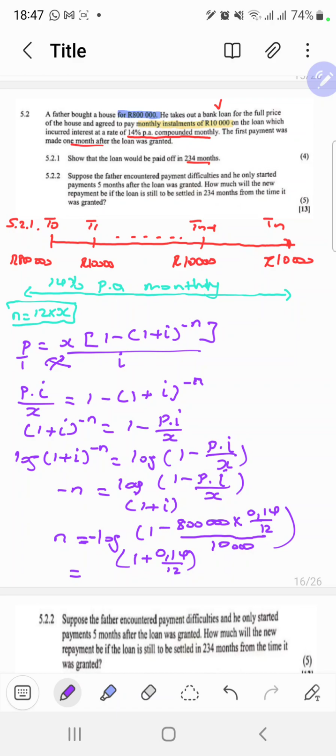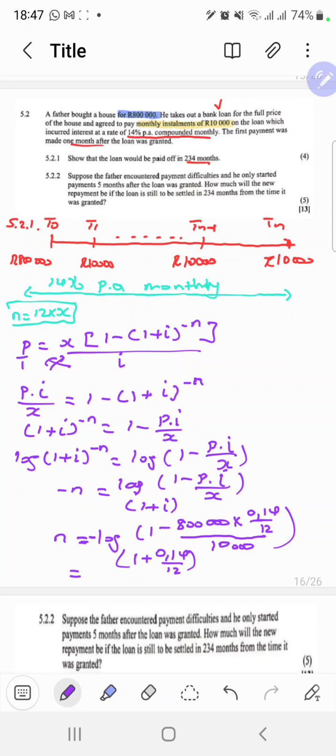It's 1 minus this fraction of 800,000 times 0.14 over 12. Yeah, it's a complicated calculation. That also divided by 10 squared.